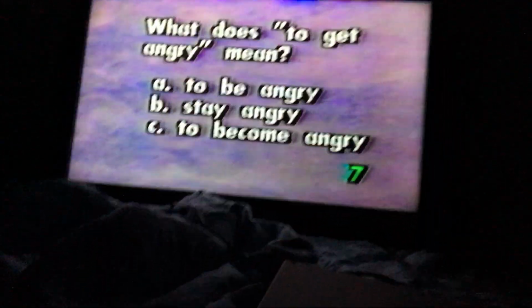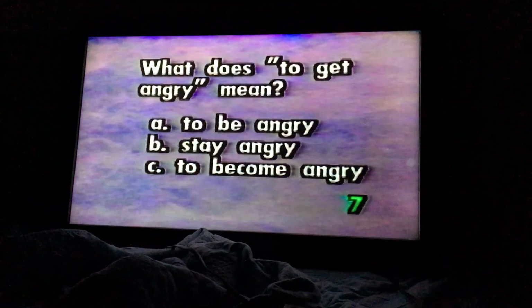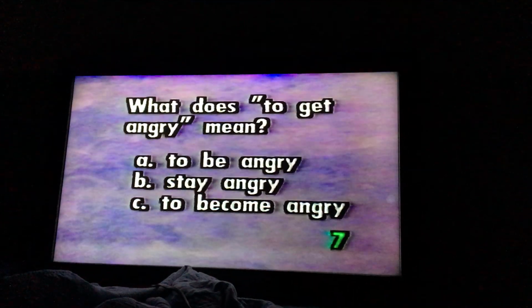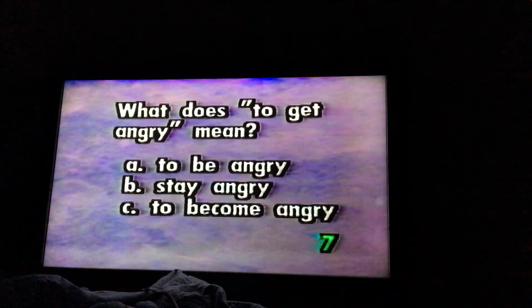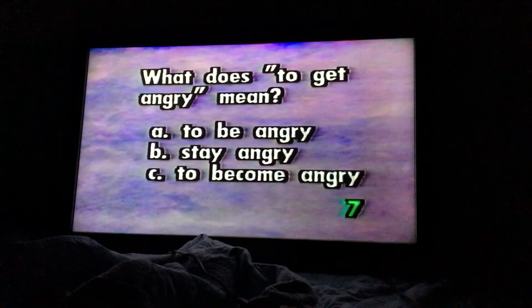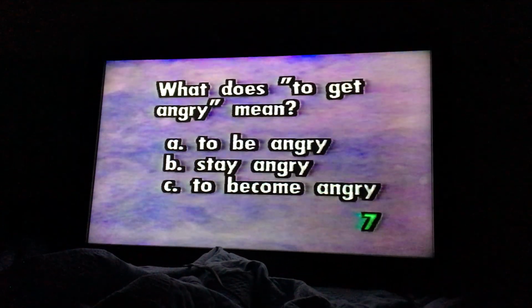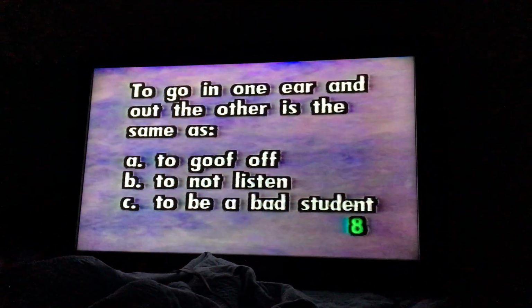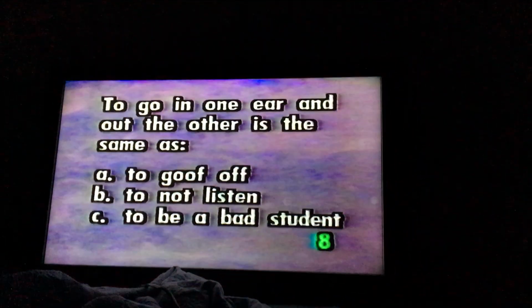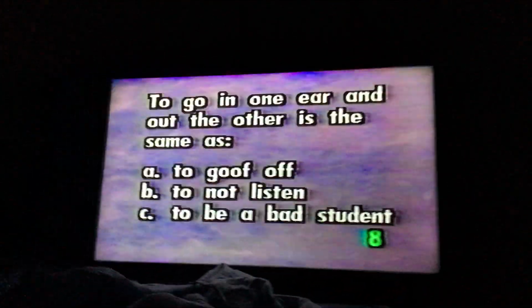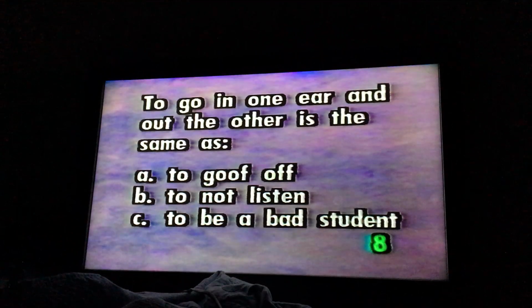To be angry, to stay angry, to become angry. To go in one ear and out the other is the same as to goof off, to not listen, to be a bad student.